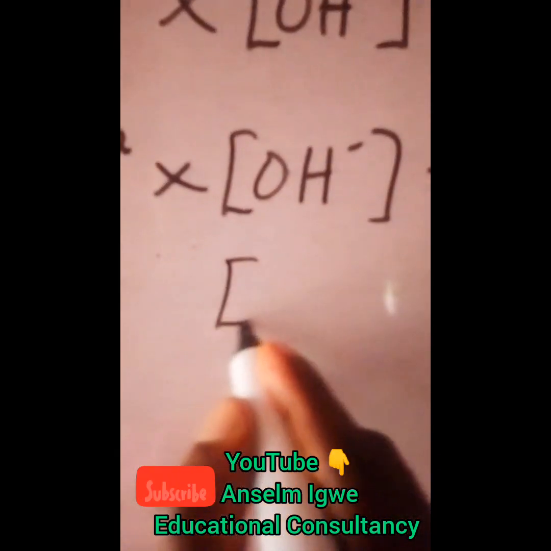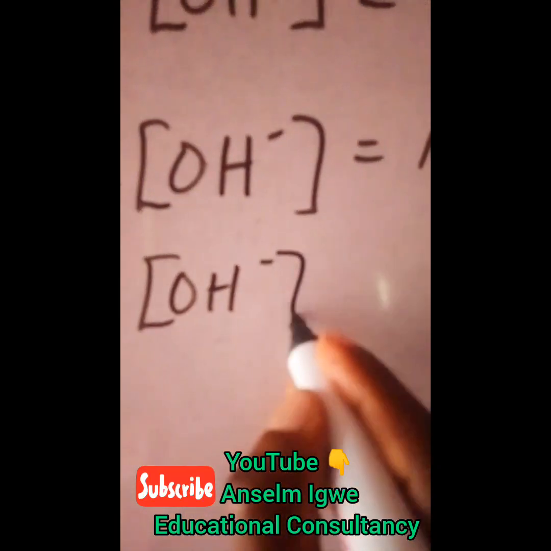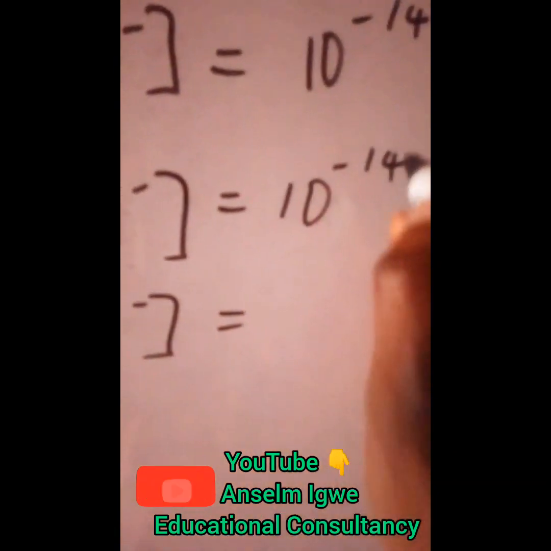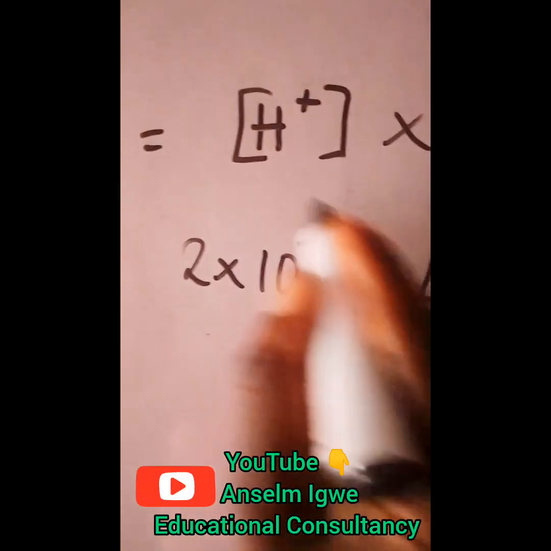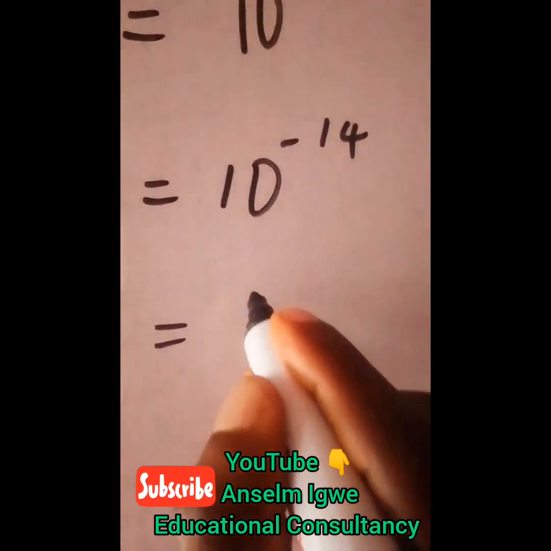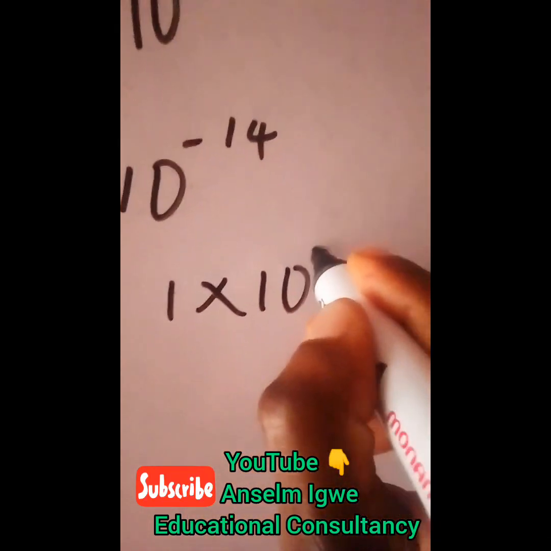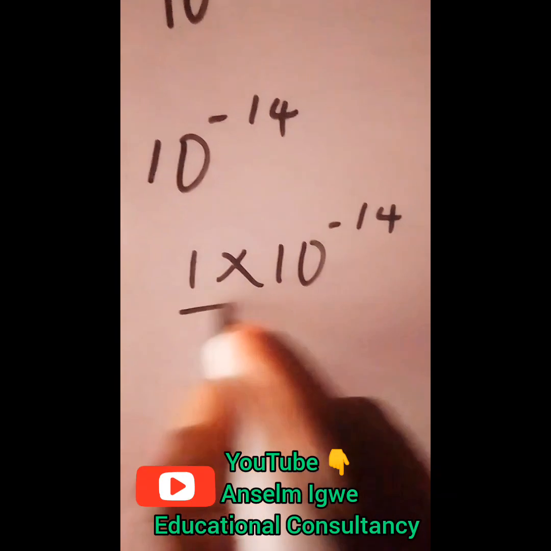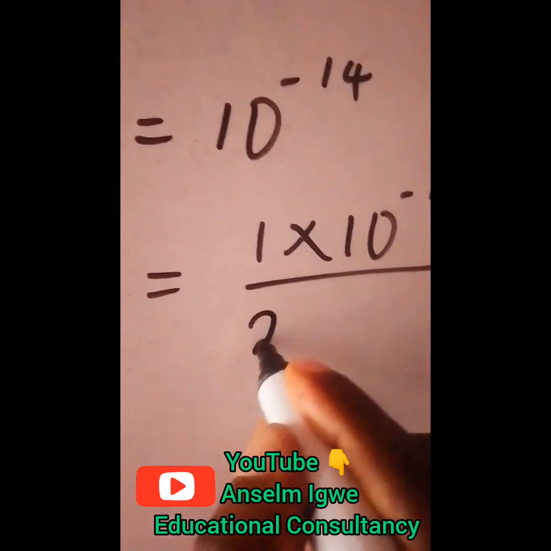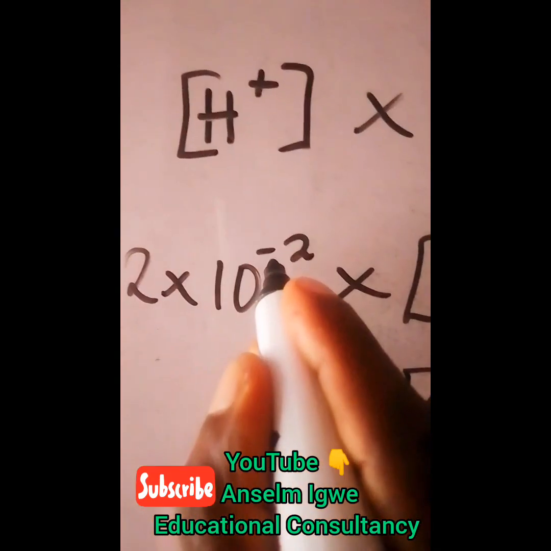So we make concentration of hydroxide ion the subject, which is this number divided by this number. Let's call this number 1 times 10 raised to power minus 14, divided by this 2 times 10 raised to power minus 2.